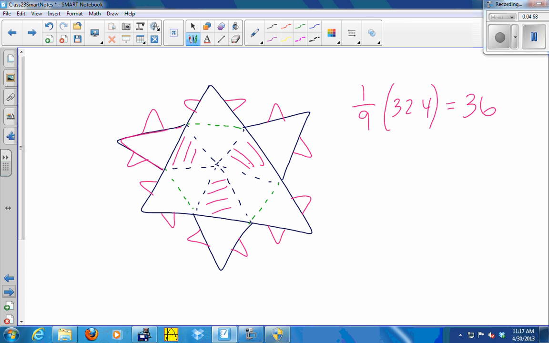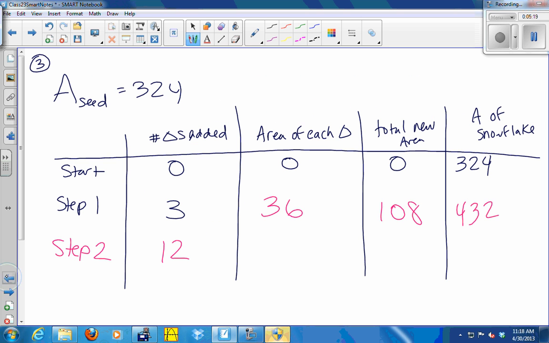So I know that each of these triangles has area 36. So each of these triangles is going to have area 1/9 times 36, which is 4. Because I could fit 9 of these little triangles in the step 2 triangles. So the area of each triangle I'm adding is 4. 12 times 4 is 48. 432 plus 48 is 480.